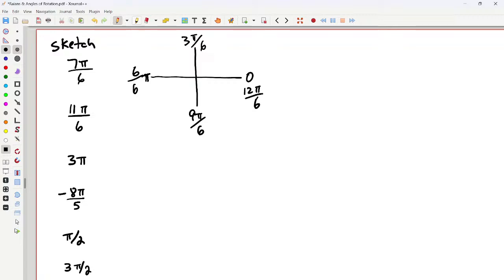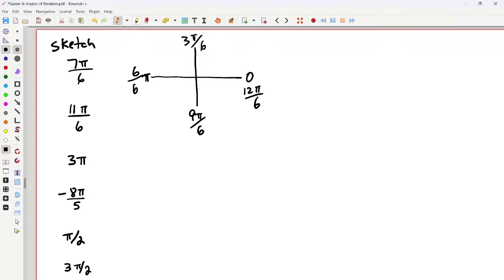0, 1 pi. 1 pi is 6 out of 6. Next, that's 7 out of 6. Me, I know it's a scoop, but if you don't know that, then you take the extra 5 seconds and say, all right, half of 6 is 3. This teaches us what we're going to skip count by now. And you skip count 3, 6, 9, 12.